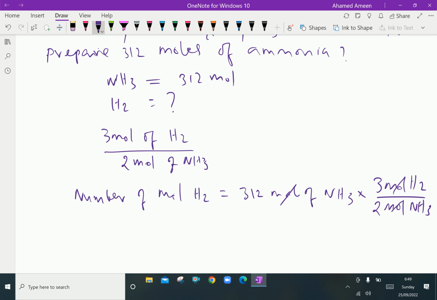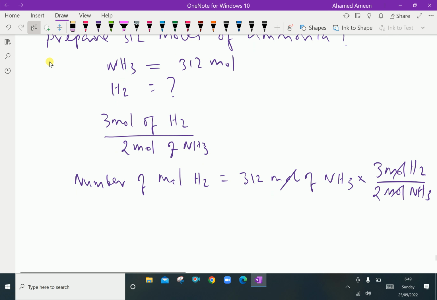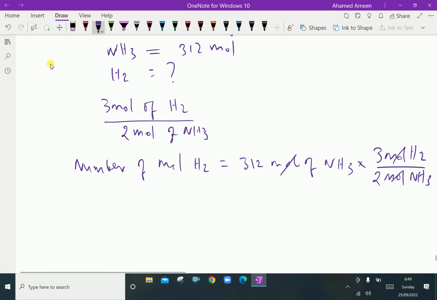Then you can use these numbers. 312 times 3 over 2 is 156 times 3, which is 468 moles of H2.